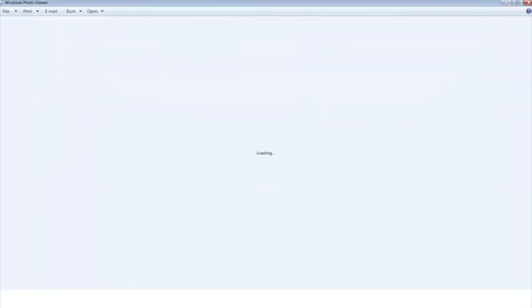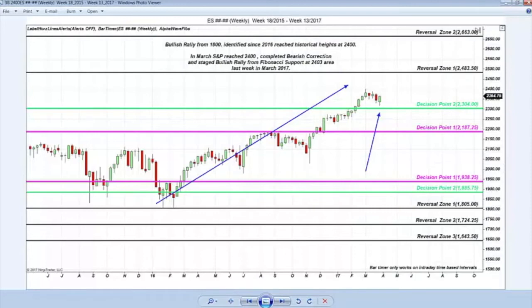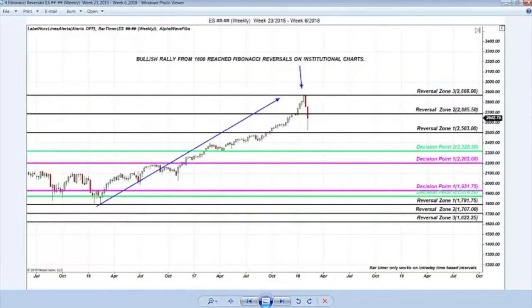And the market moves higher. Key Fibonacci resistance becomes key Fibonacci support. Finally, the market reaches the reversal zone. This is January 2018, identified years in advance and reached.